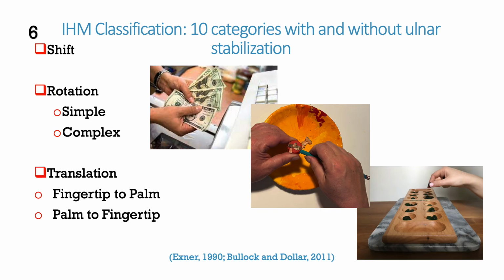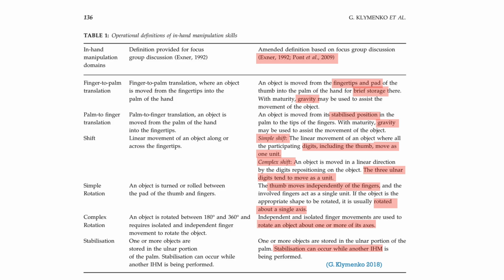I am going to refer to the 1990 classification described by Exner. In 2018, in an article by Clemento et al., these definitions were amended. Please note highlighted terminology for greater clarification on the complexity of these skills.